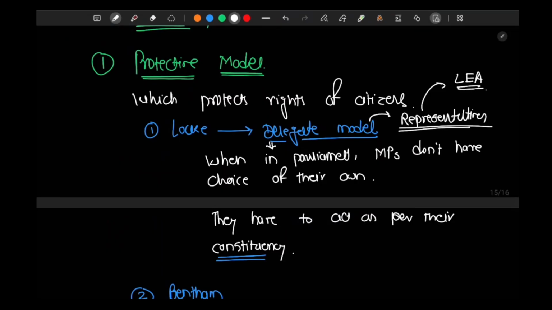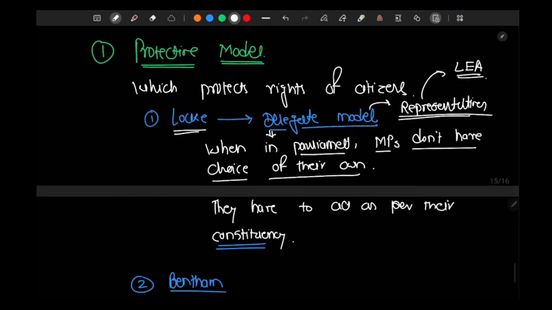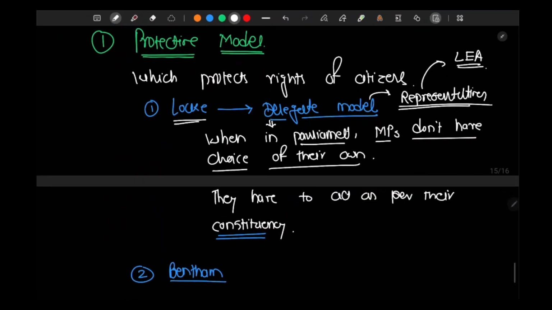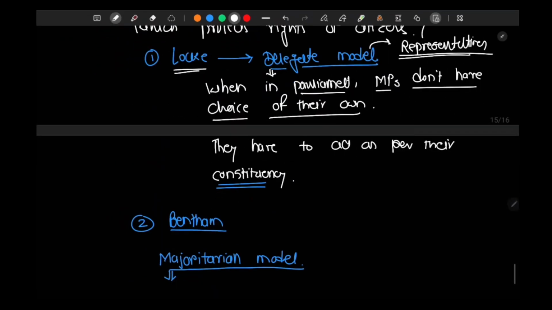What Locke says is that when in Parliament, MPs do not have a choice of their own, and they have to act as per their constituencies. So you can quote here: government is trust and people are trustees.